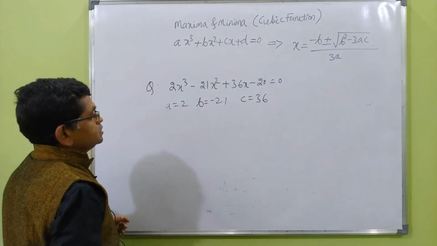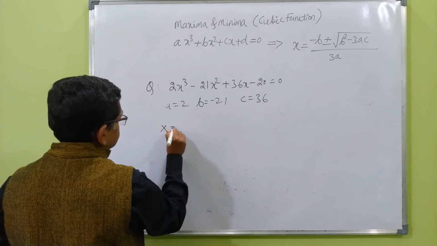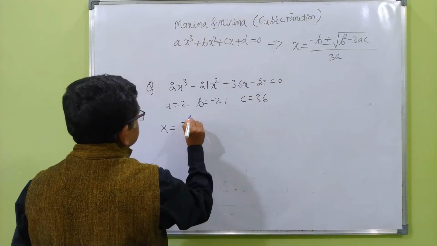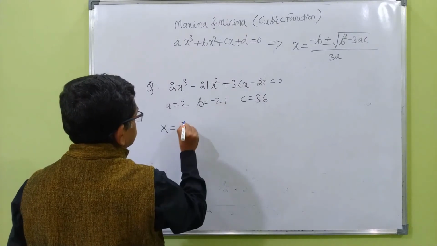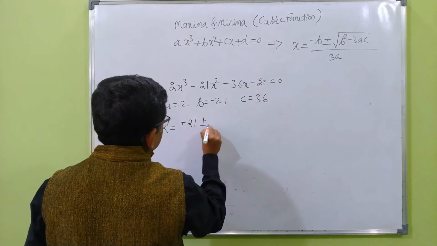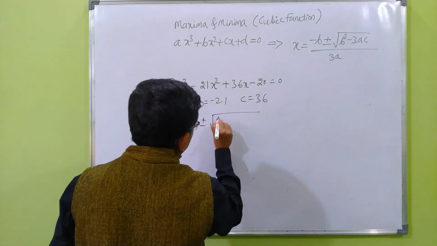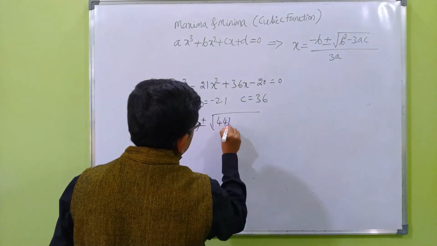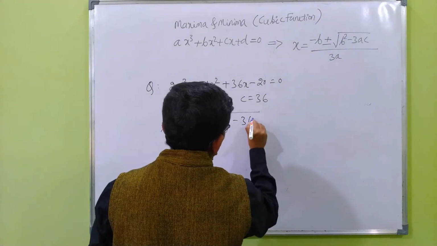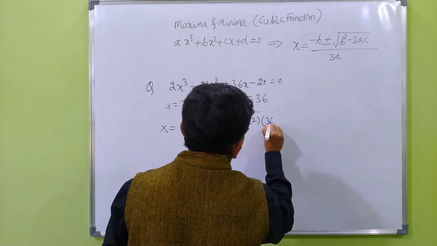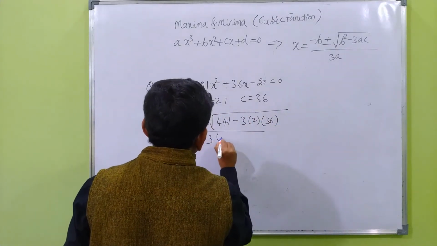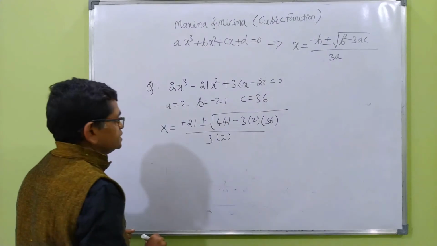So x is equal to minus b plus or minus root of b square minus 3ac, that is 21 square minus 3 into 2 into 36, divided by 3 into 2.